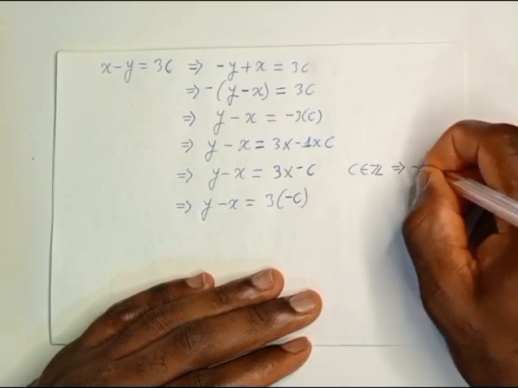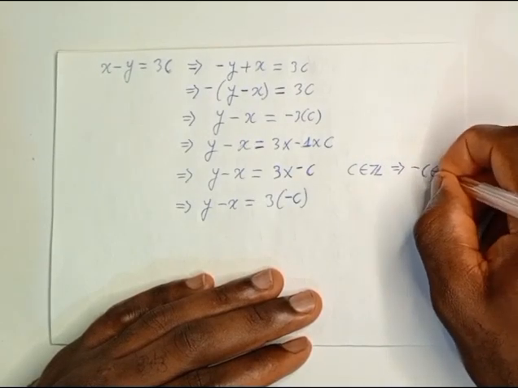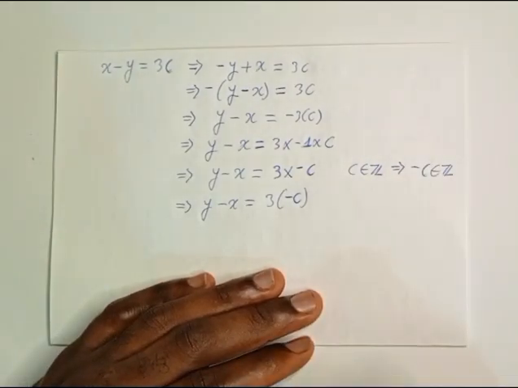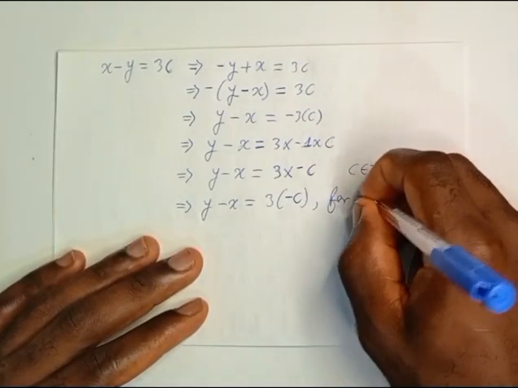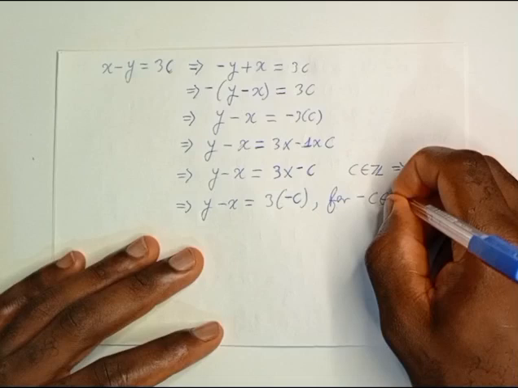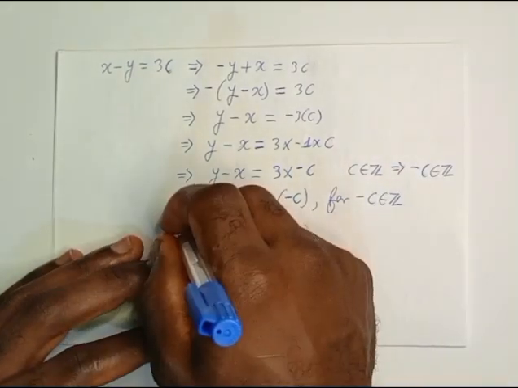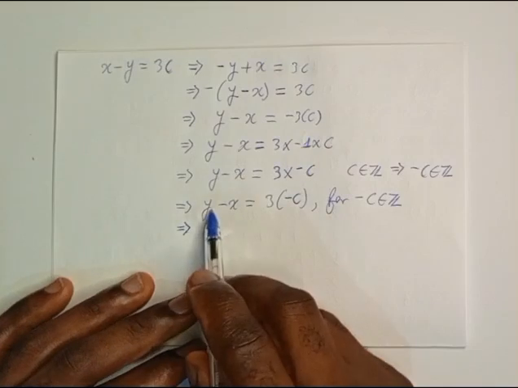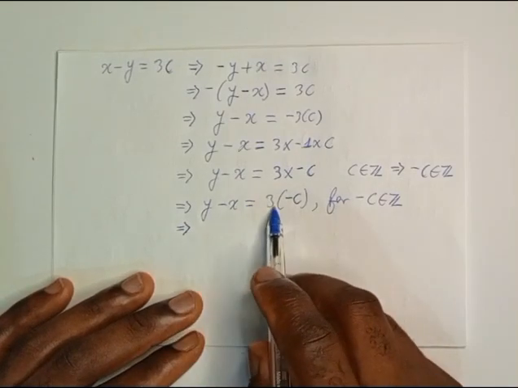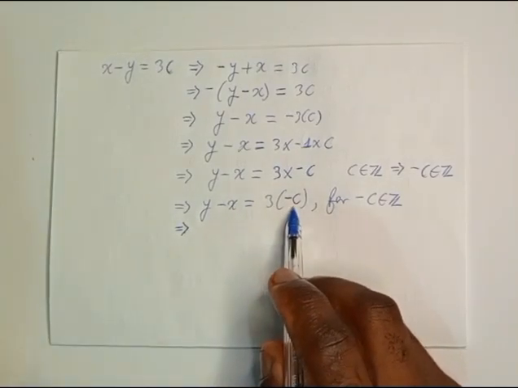Then negative c also belongs to the set of integers, for negative c belonging to Z. Then this will simply imply that y minus x is equal to 3 times an integer.